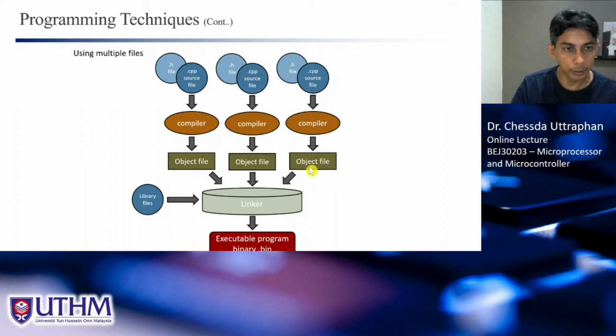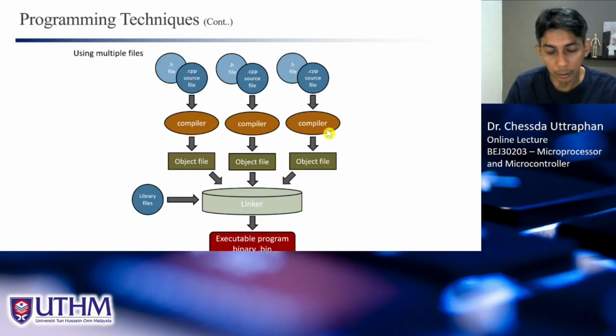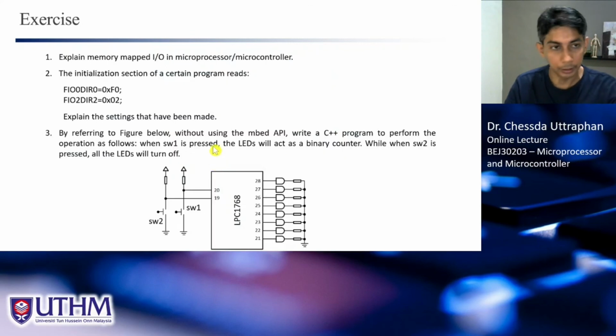This is the design flow of how we write the code and compile the code until we get what we call the executable program or binary file that we can use to program our microcontroller. And that will end our chapter.